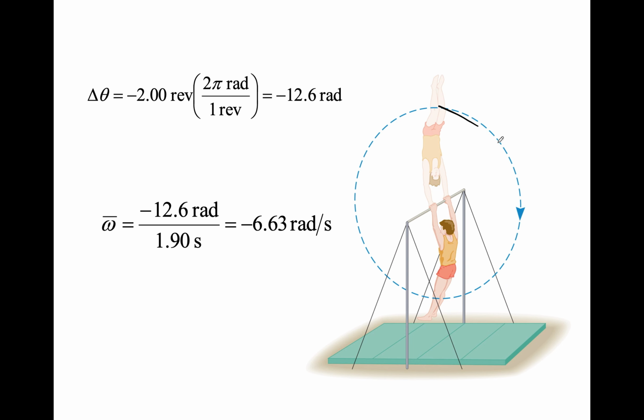The rotation is in the clockwise direction, so the angular displacement is 2 times 2 pi, negative 4 pi, which is negative 12.6 radians. That's the angular displacement. So the angular velocity is angular displacement divided by the time. So we find the answer.